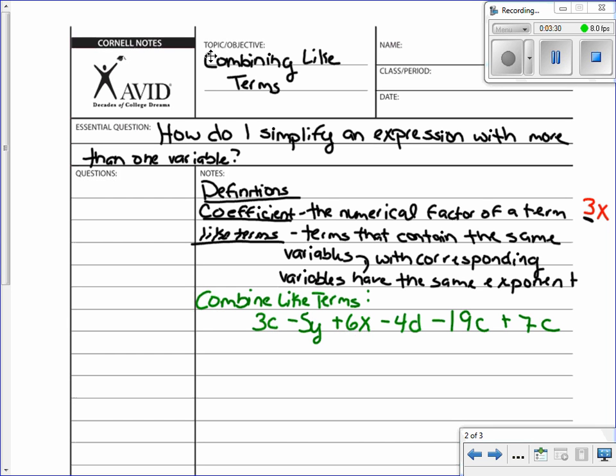And remember, simplify means to condense, make it smaller. The first thing you want to see is if we have any like terms. So if we look at our variables, c, y, x, d, c, c, we do in fact have 3c, negative 19c, and 7c.